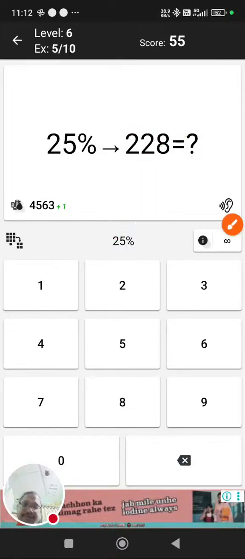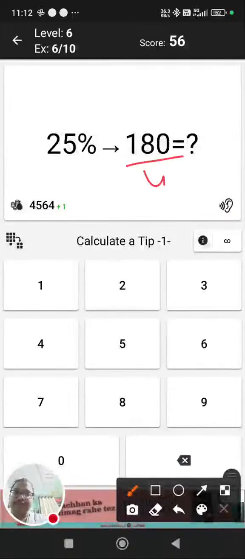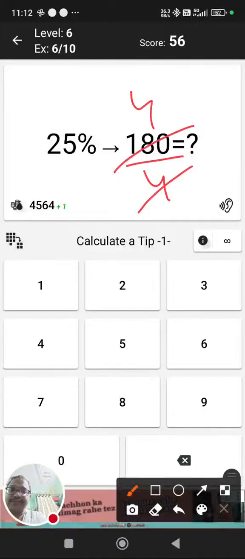So answer will be 57. Next one, 25% means divided by 4. 4 times is 16 and 20 means 5 times. So answer will be 45.